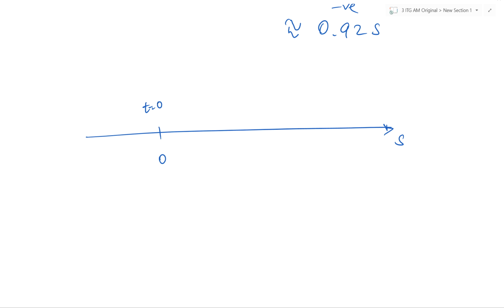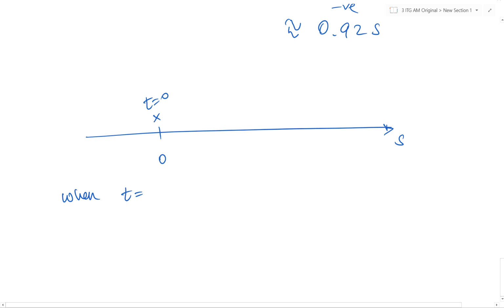When time equals 0, does displacement equal 0? I think I just made an assumption. Okay, let's check. Oh yeah, correct. They say that time is in seconds after leaving a fixed point. Okay, so this is t equals 0. It is found over here.